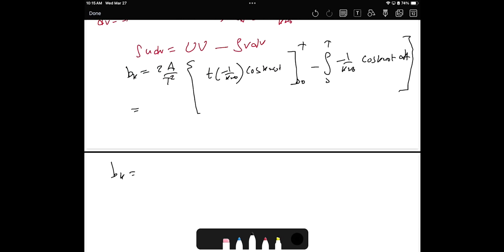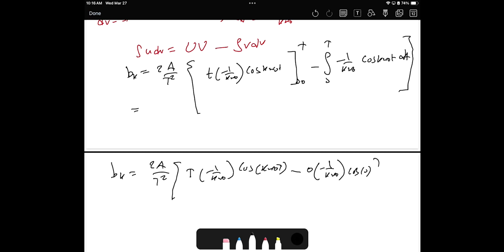Then I can say b sub k equals 2a over T squared. Then substitute: T times 1 over k omega naught times cosine of k omega naught t, minus t times minus 0, times negative 1 over k omega naught cosine of 0.